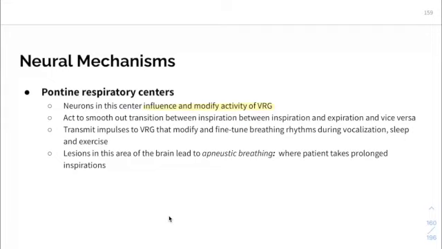We want it to be a smooth process of breathing in and breathing out. Our pontine respiratory center makes sure that happens. We want that rhythmic breathing in and out to be smooth, not jerky or all over the place.